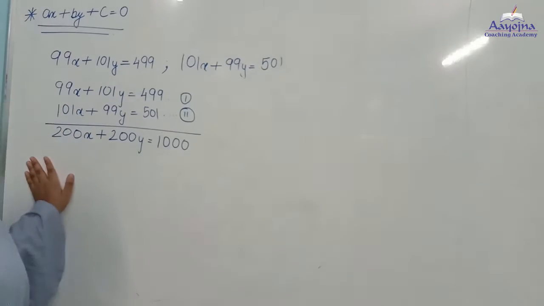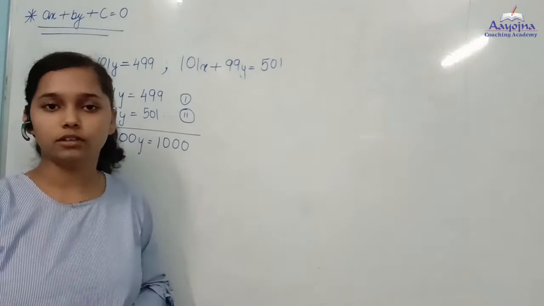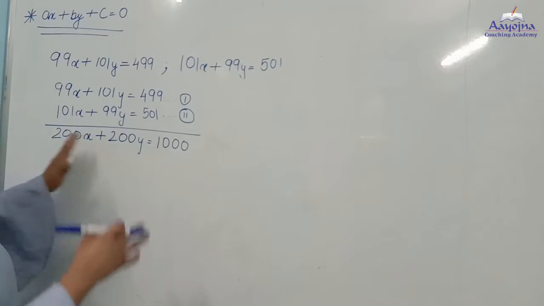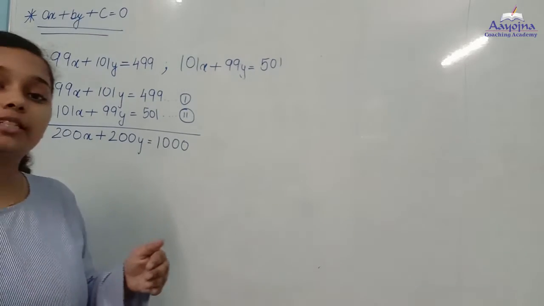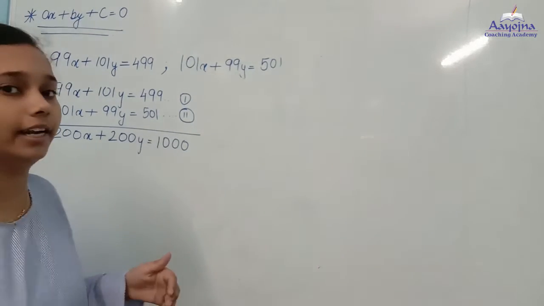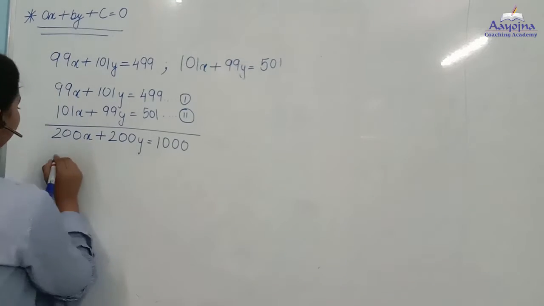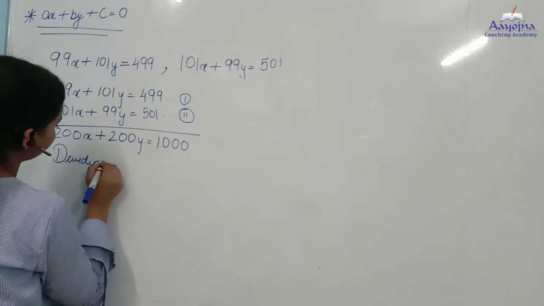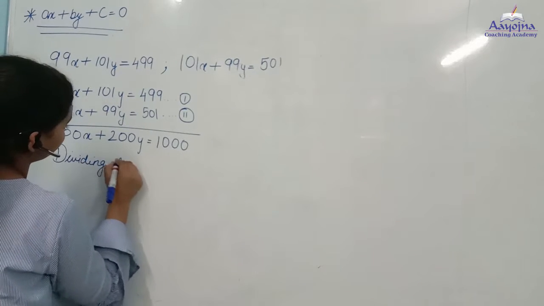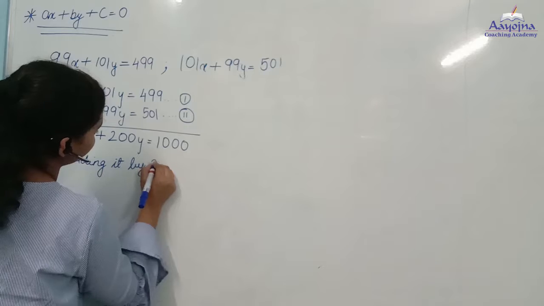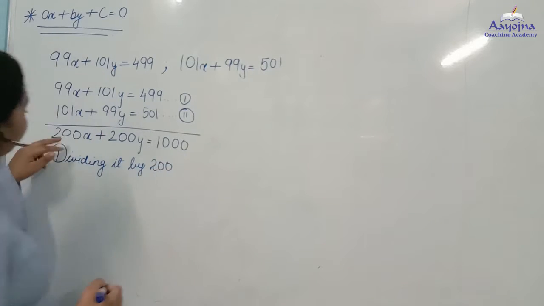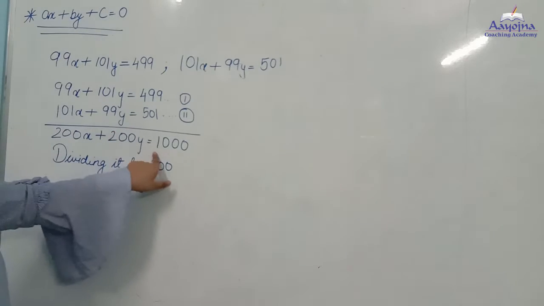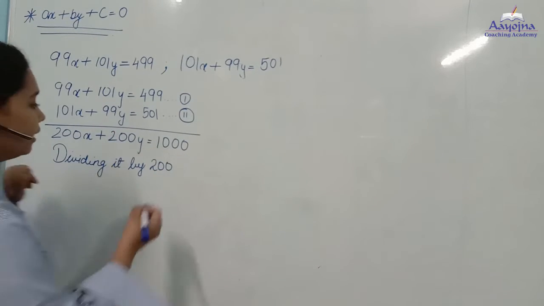After getting this answer, you might have thought, what are we going to do further? Now we are going to divide this by 200 so that we get a proper equation which can be subtracted from the other equation that we get. So dividing it by 200, this 200 gets cancelled, this 200 gets cancelled, but the right side has to be divided by 200.